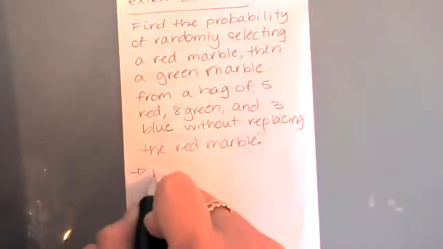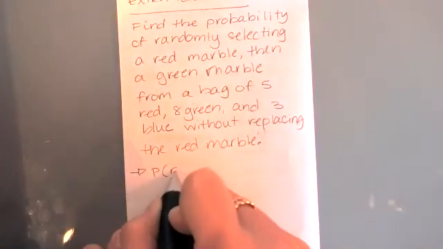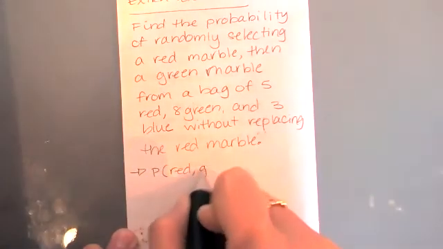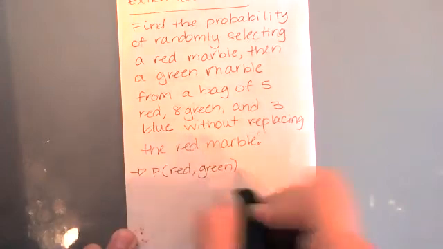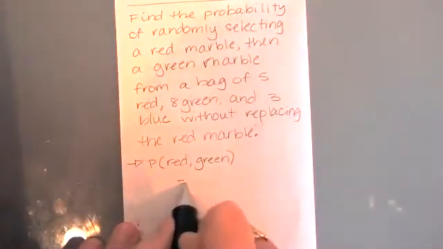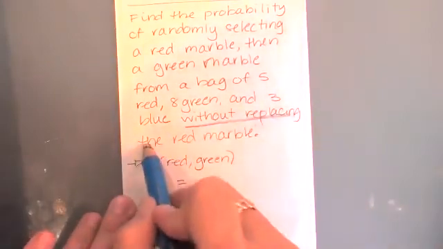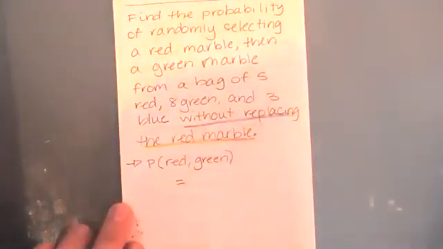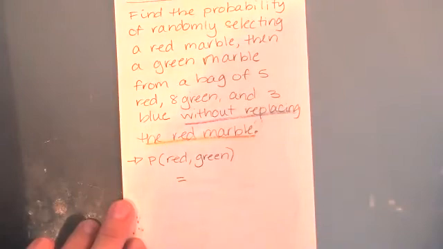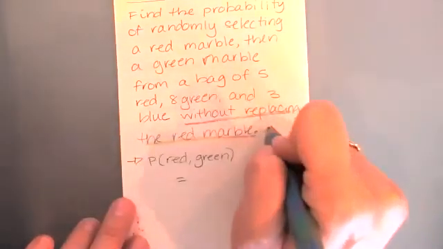So we are finding the probability of drawing a red marble and then a green marble. Now, we have said we are not replacing the red marble. Does that tell me it's independent or dependent? Dependent. That's dependent, yep.